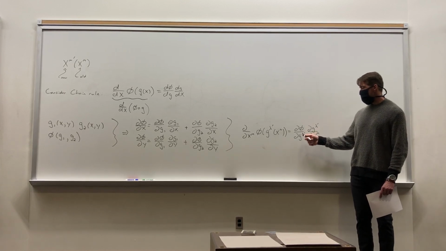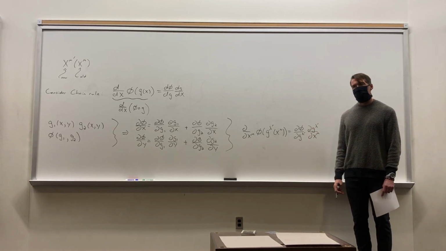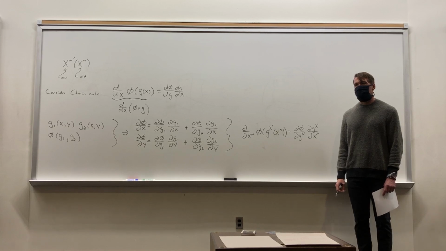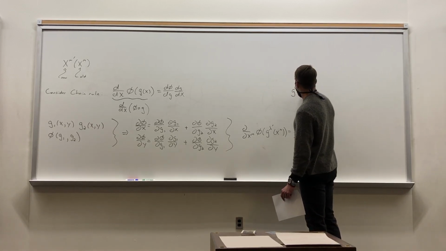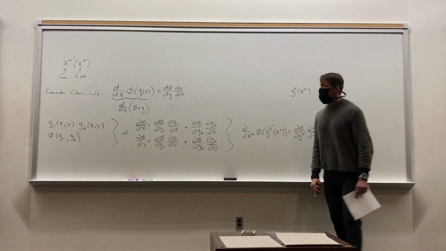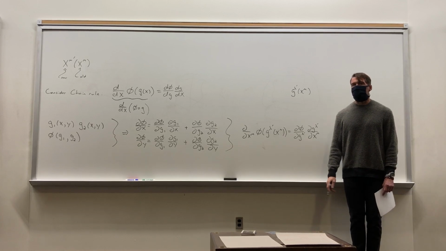G lambda prime, g lambda prime, x mu. What could I call that g? So remember, in order to incorporate this with the story that I was telling earlier, what could I call g?